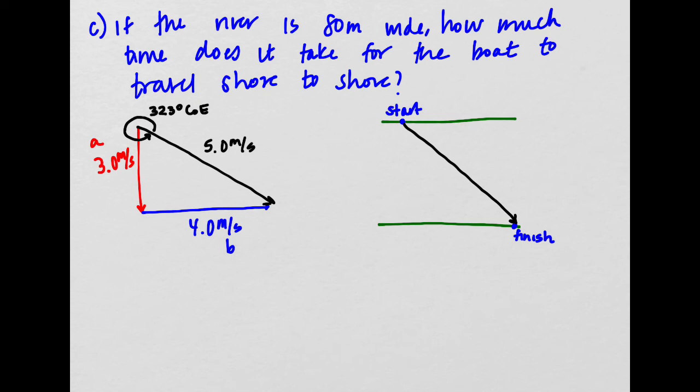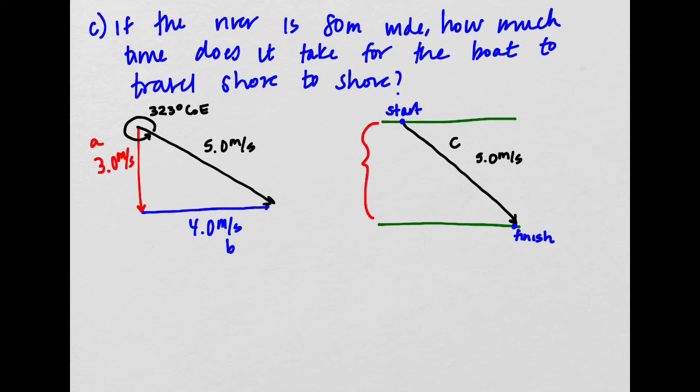We're going to call this C, and this is the 5.0 meters per second in the 323 degrees counterclockwise of east direction, right? But what we're given is the width of the river. So this is the river, the width of this river, sorry, that is not what I meant to draw.